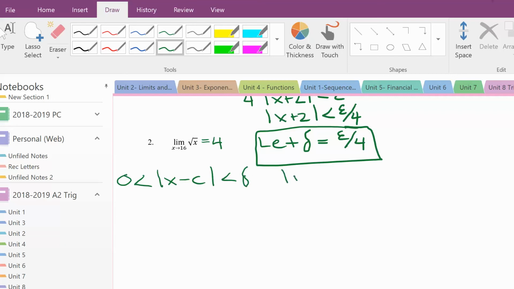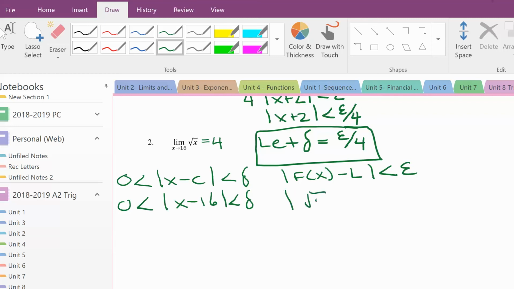The second one is the vertical distance is less than epsilon. Then substituting in, the absolute value of x minus 16 is less than delta. And here, the function is the square root of x, minus the limit, which is 4, is less than epsilon.